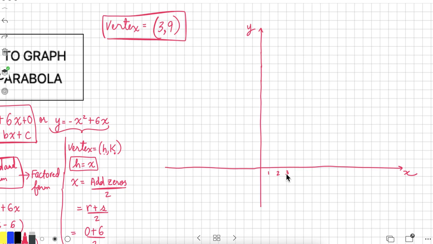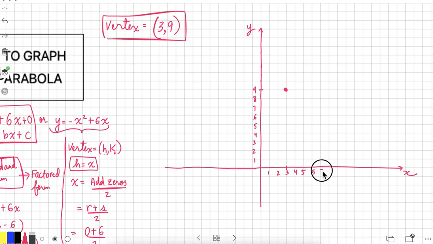So we're going to be plotting this point. x right now is 3. 1, 2, 3, 4, 5, 6, 7, 8, 9, and here the y is 9. So the point is x 3, y 9. So this is where the vertex is going to be.